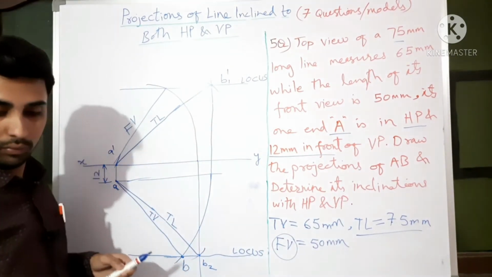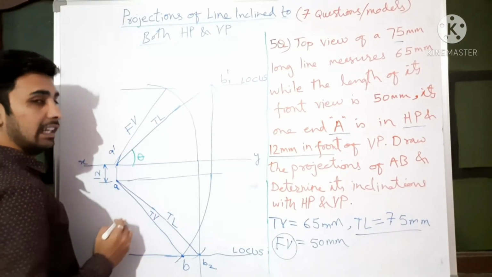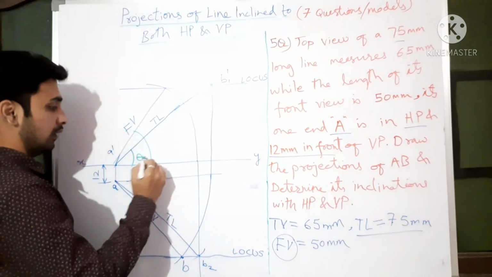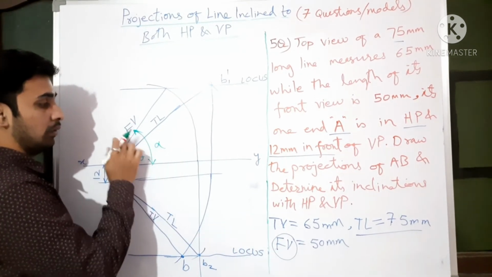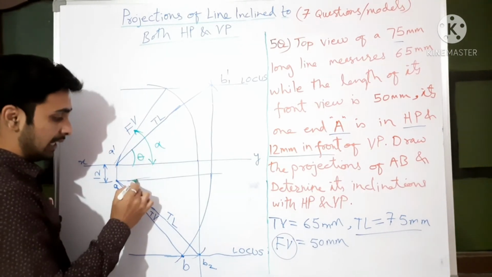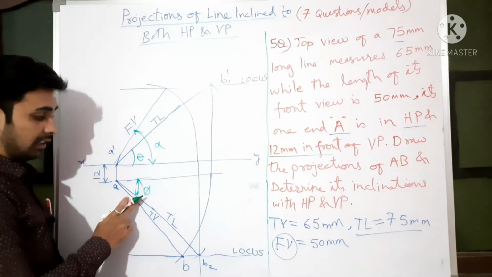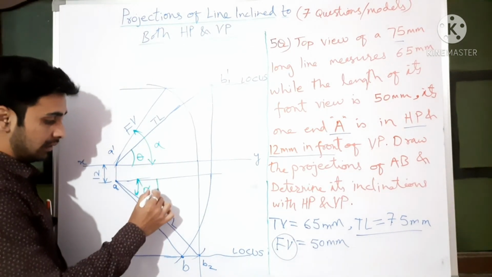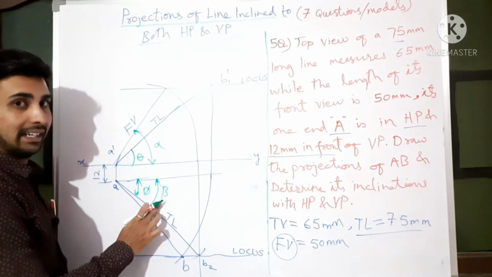Okay, so now for general information, this is your theta, inclination with HP. This is called true inclination. This is inclination with front view. This is called apparent inclination. Similarly here, this is called phi, true inclination with VP, and this is beta. This is also called apparent inclination.